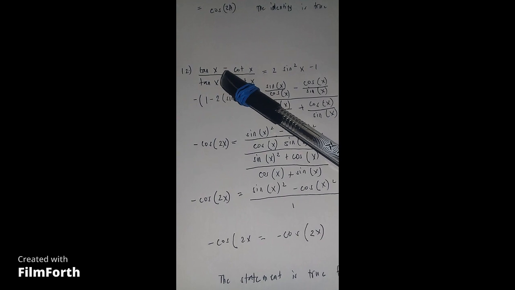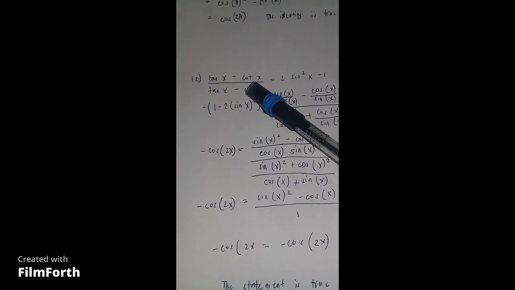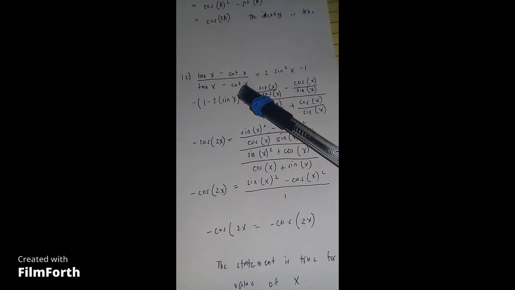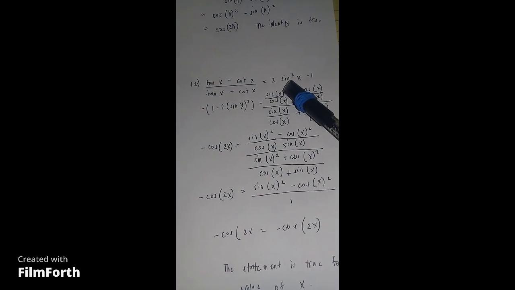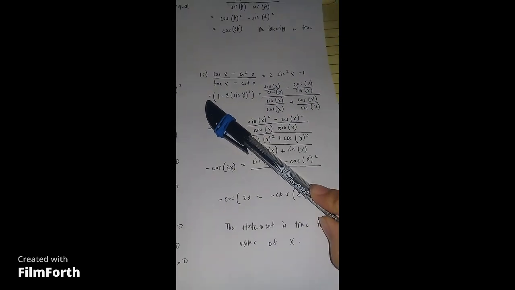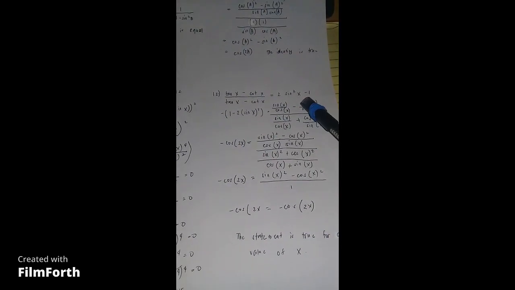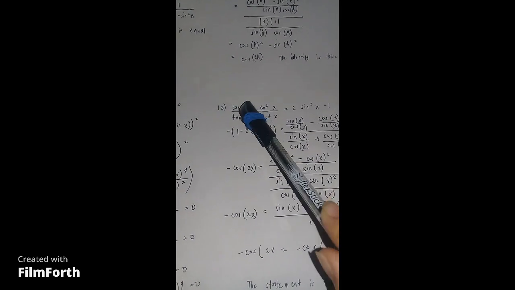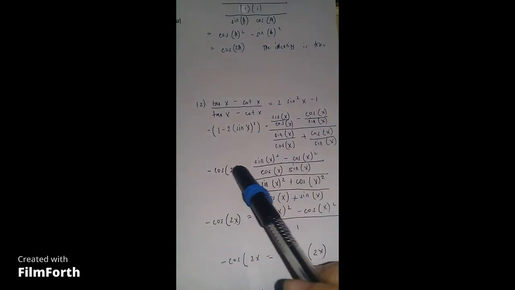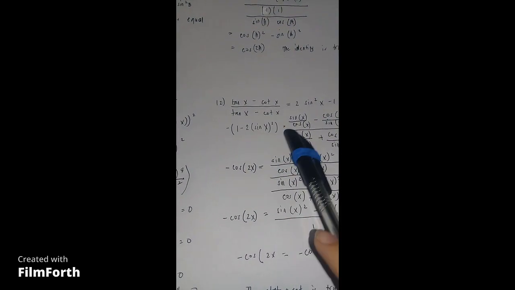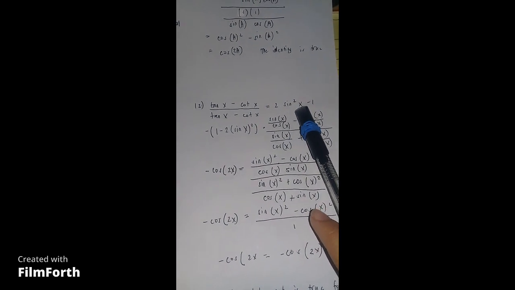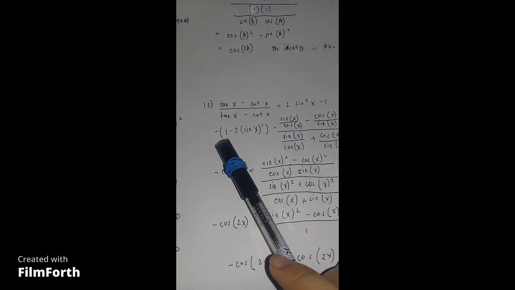So, tangent x minus cotangent x over tangent x minus cotangent x is equal to 2 sine squared x minus 1. Here we just transpose both sides, so that will be the positive, and 2 sine squared x minus 1 will be negative.